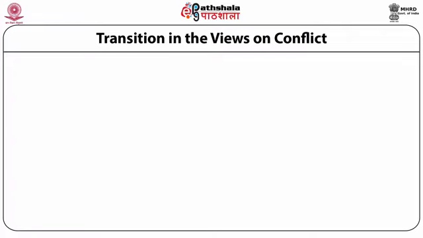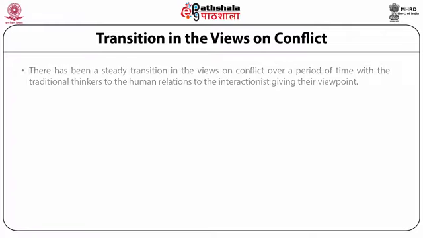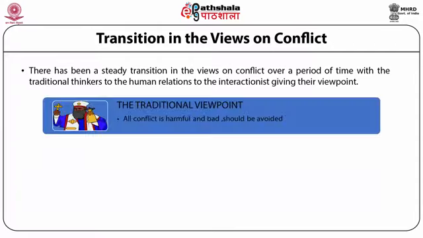Transition in the view of conflict. There has been a steady transition in the views on conflict over a period of time, with the traditional thinkers to the human relations to the interactionist giving their viewpoint. As seen in the figure, the traditional viewpoint says that all conflict is harmful and bad, and should be avoided.